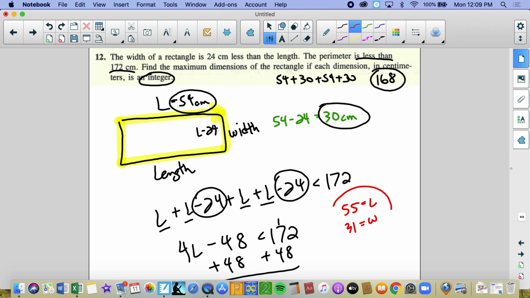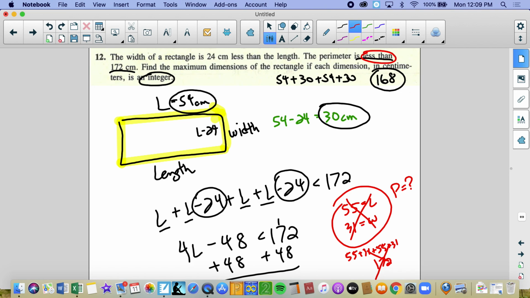So what would the perimeter be in this scenario? We have 55 plus 31 plus 55 plus 31, which gives me 172. But is it less than 172? No, it is not.